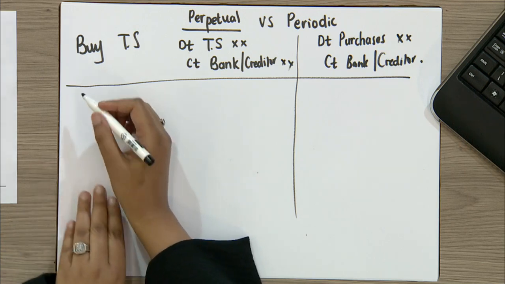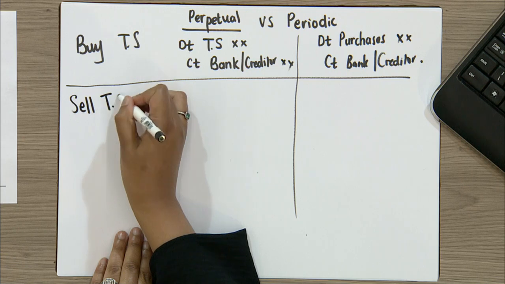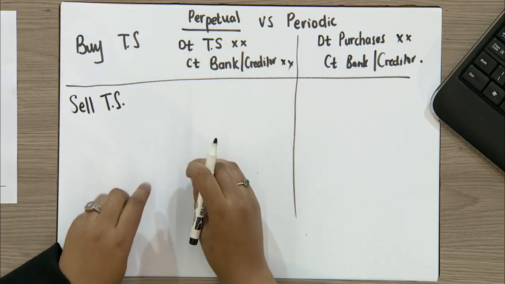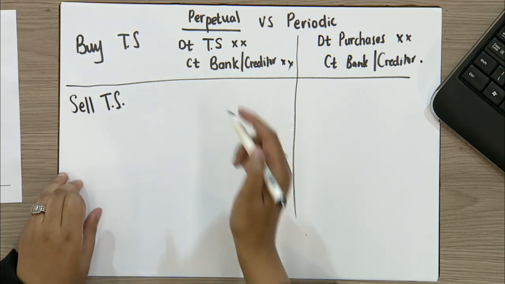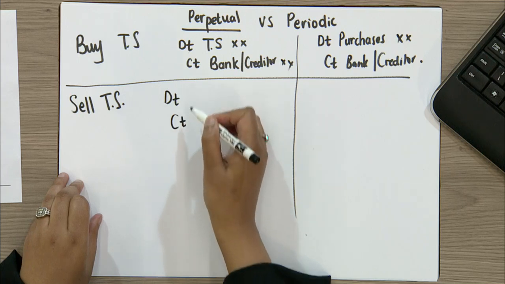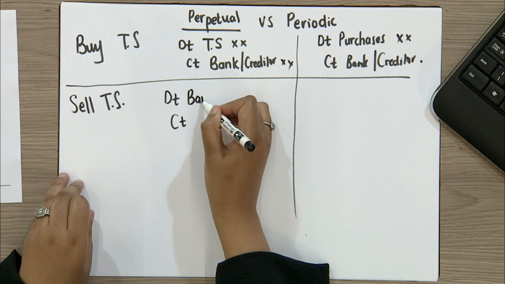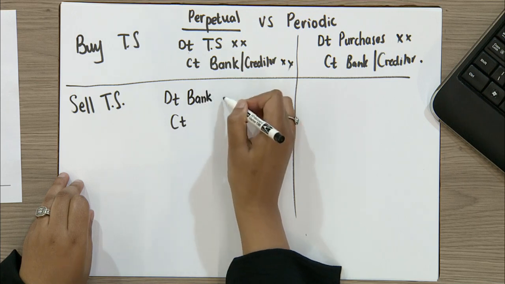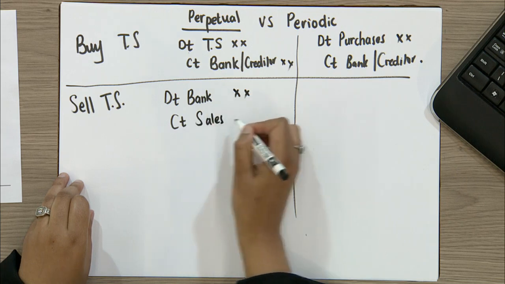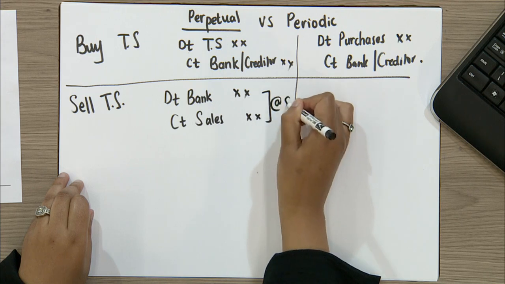Another thing, just to give you an idea, is when we sell trading stock in the perpetual system, there's more control. So a lot of things are being recorded. If we sold it for cash, it would be debit bank, or if it's on credit, debtors for the amount, credit sales for the amount, and this amount is going to be at the selling price.